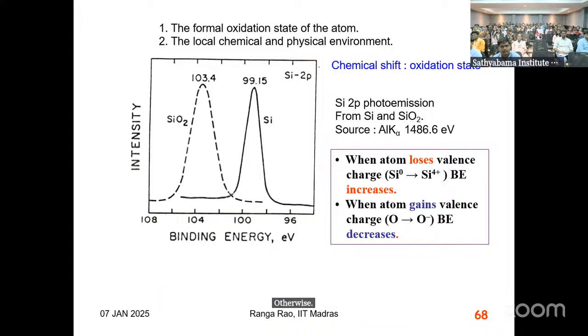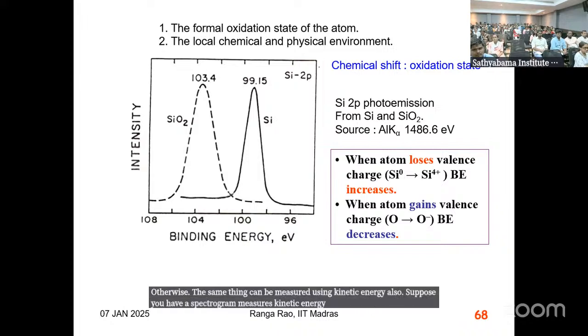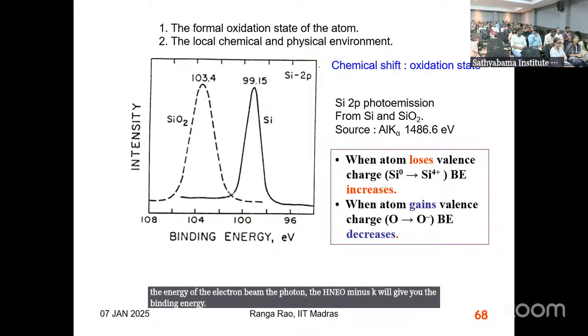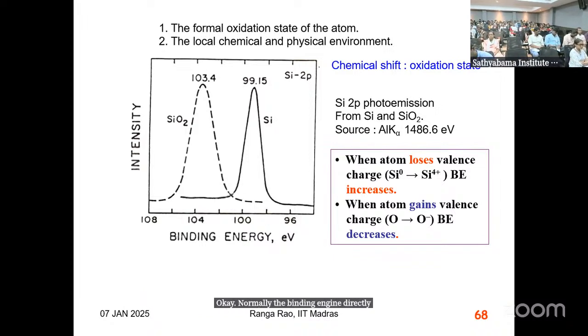Otherwise, the same thing can be measured using kinetic energy also. Suppose your spectrometer measures kinetic energy, then the energy of the photon, h nu, minus kinetic energy will give you the binding energy.